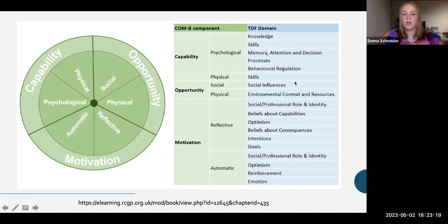There was also some information around the environmental context and resources. There were reports that maybe they didn't have access to some key resources that they needed in order to be able to deliver some of those intervention models. They didn't have counters or clicker counters, or they wanted more resources in order to count the number of repetitions.